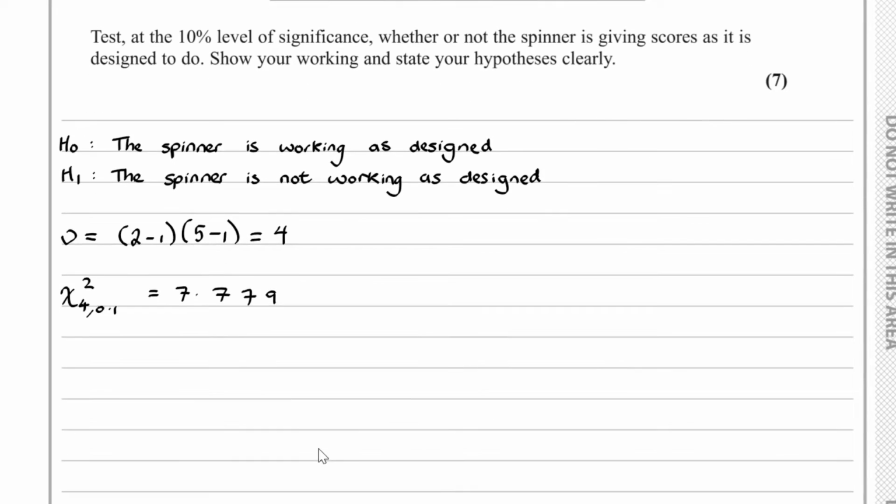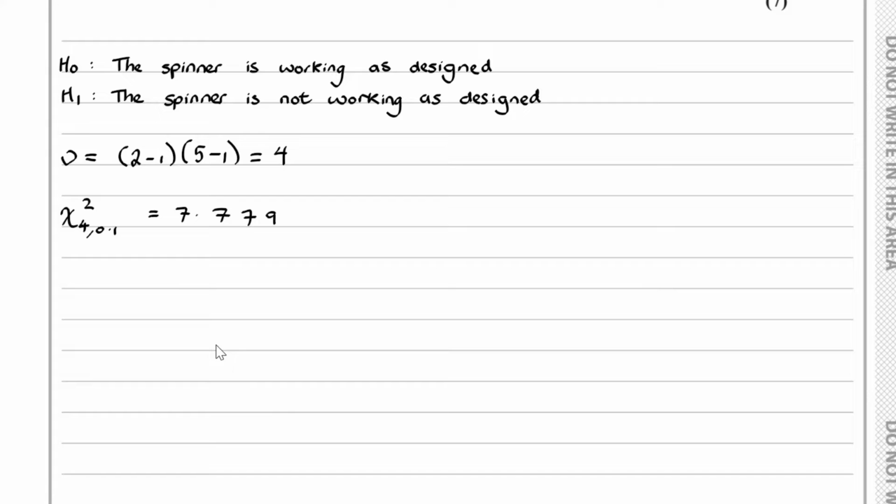And now we need to find out our test statistic. And to do this, we can construct a table. So we have score. The score we'll call X. We've got the probability that the random variable X equals Xi. We've got the observed values, the expected values, and then we've got the observed minus the expected all squared all over the expected.